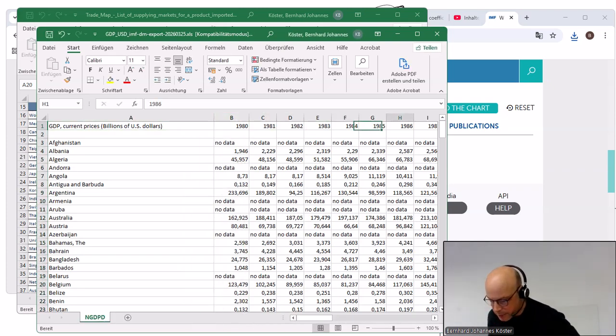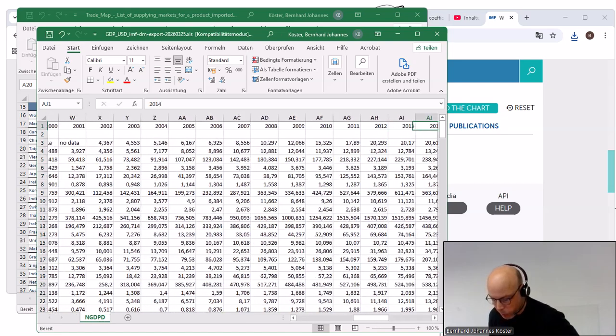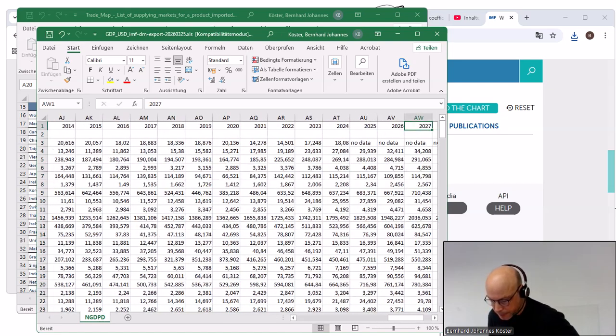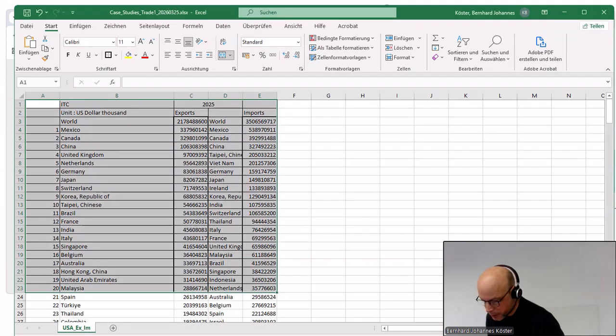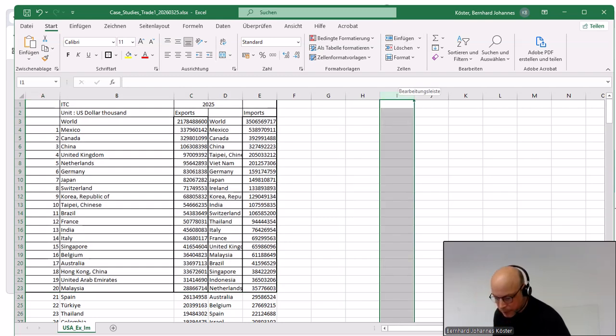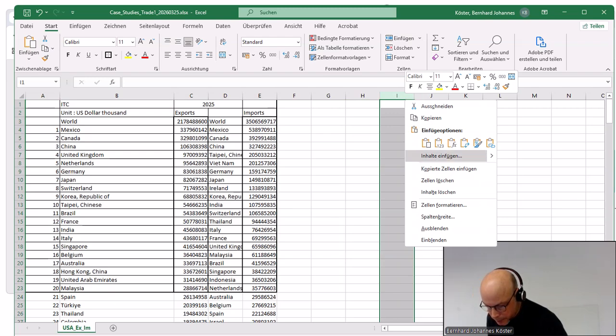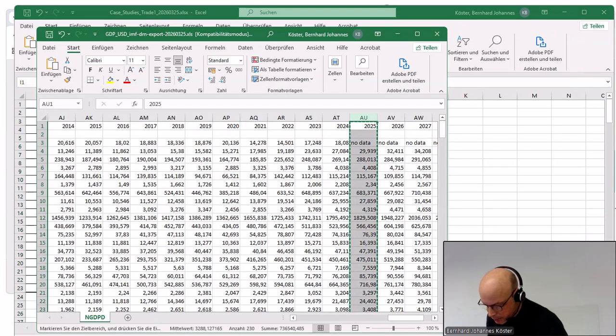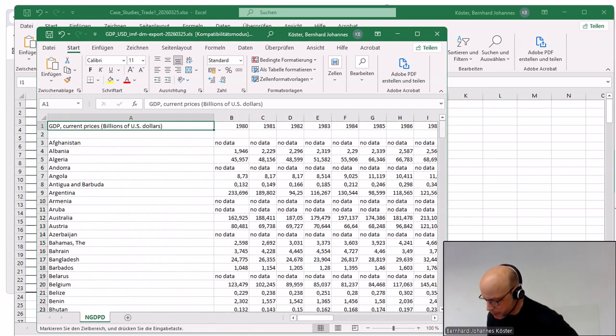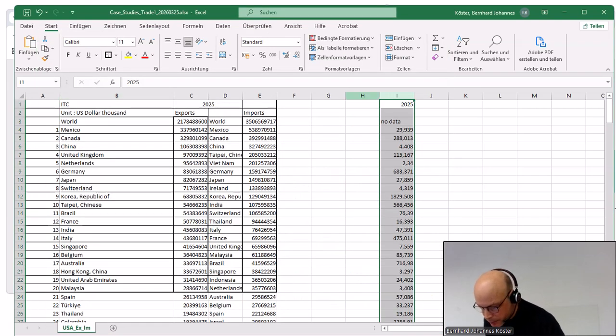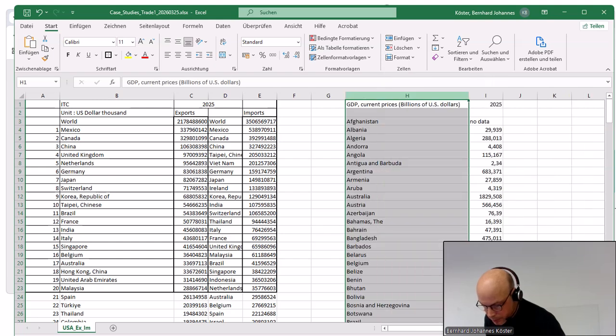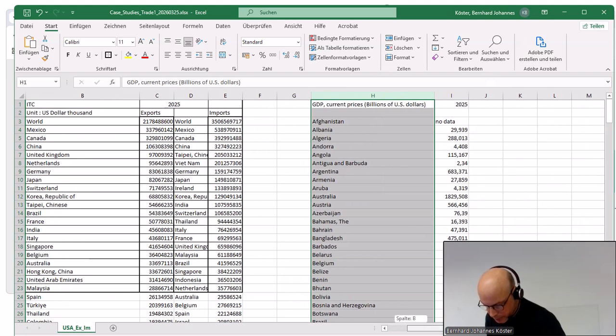And 25. Here we are. Let's go here inside. Numbers again. Let's move here.